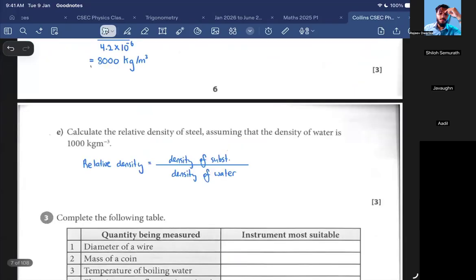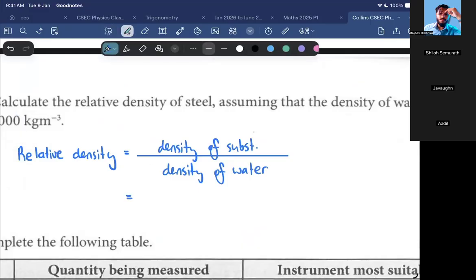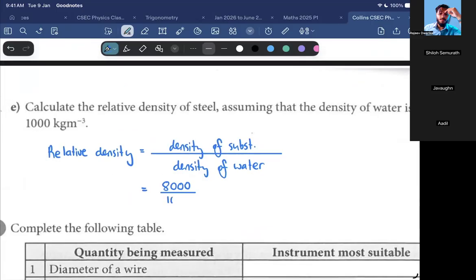So the density of the substance, which is the steel, was 8,000, and this is the density of water, 1,000 kg. Now, anytime you're calculating something that's relative, there'll be no units. So this is just going to work out to be 8.